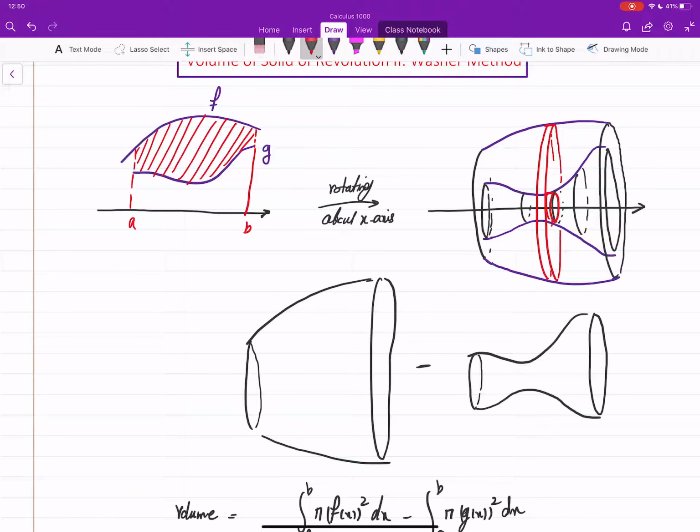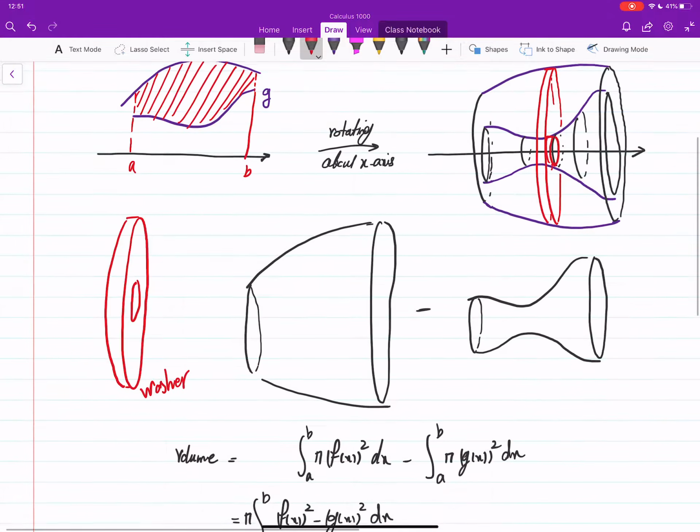So let me just sketch it here. It will be a disk with a hollow in the middle. That's a washer, and that's why this method is called the washer method.